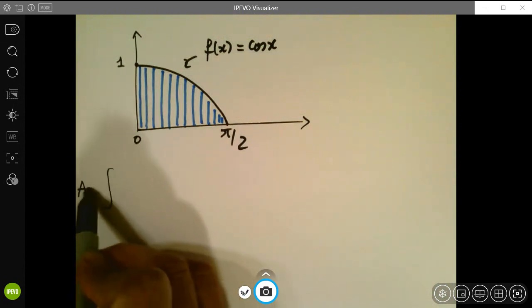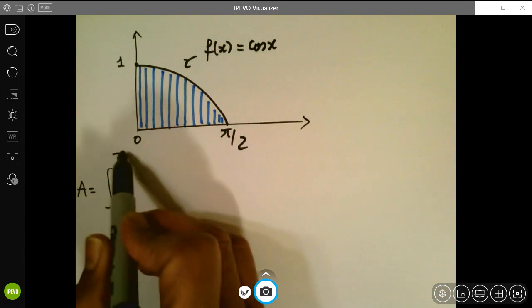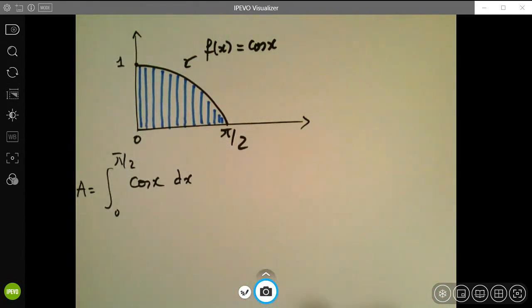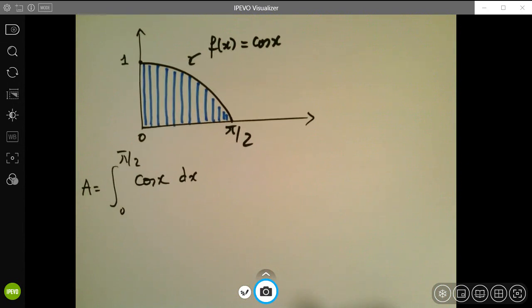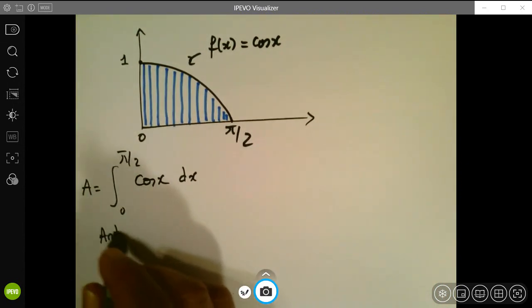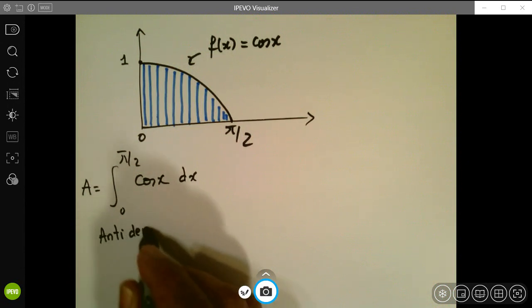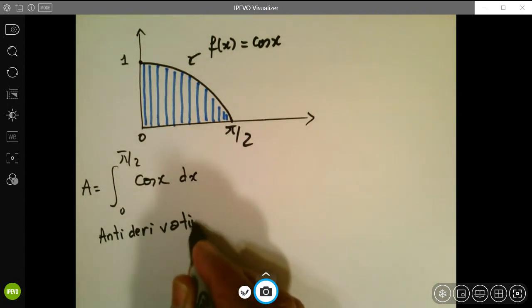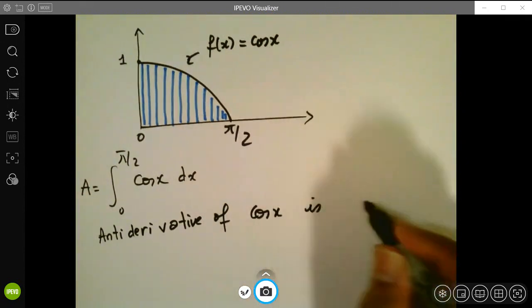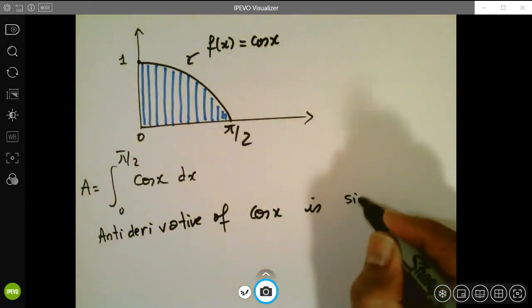Now, if you want the area, you do just the integral from 0 to pi over 2 of cosine x dx. What is an antiderivative of cosine x? The antiderivative is sine x.